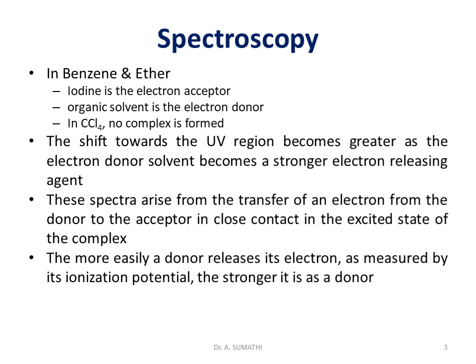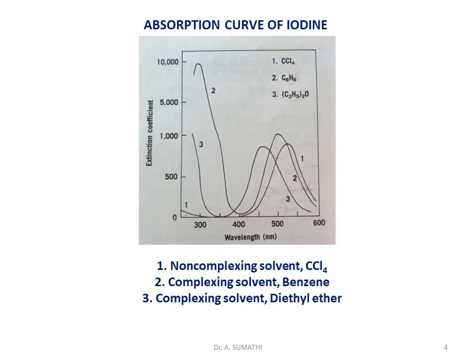The organic solvents are the electron donor. And who is the acceptor? Iodine acts as the electron acceptor. In the case of carbon tetrachloride, there is no complex formation. If the donor easily releases the electron, then we can determine the ionization potential with ease.